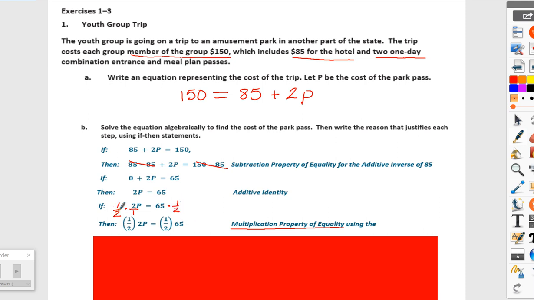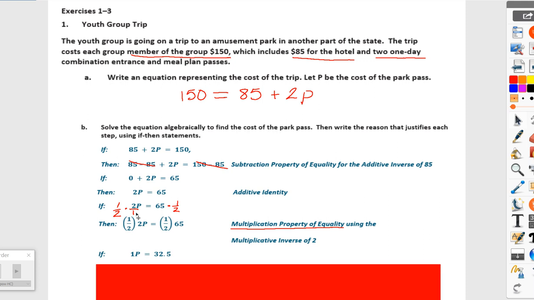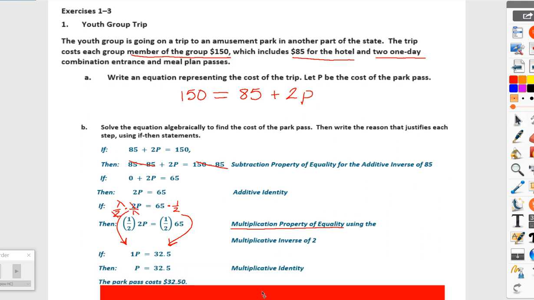Notice that doing that is the same thing as if we would divide by 2, which is what we normally do. So when we multiplied by 1/2, it all canceled, leaving us 1p. And if we multiplied over here, we have 1/2 times 65, or half of 65, which is 32.5. So p is 32.5. And as we're talking about the price of a ticket, the park pass costs $32.50, not 5 cents. Don't get caught up with that decimal.